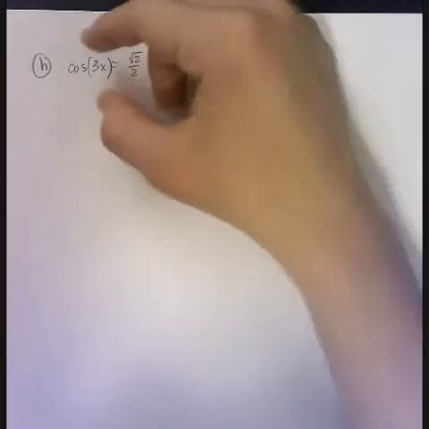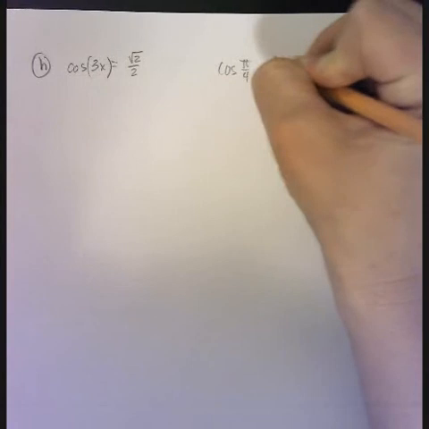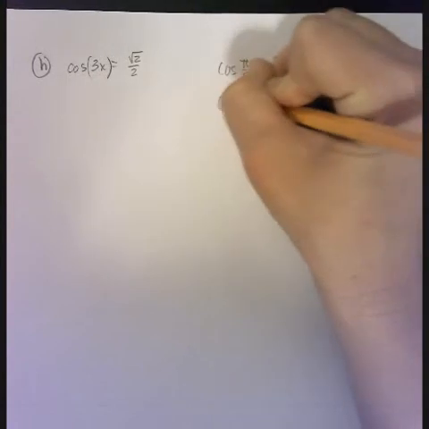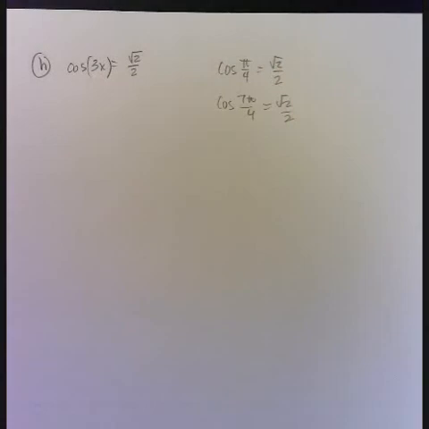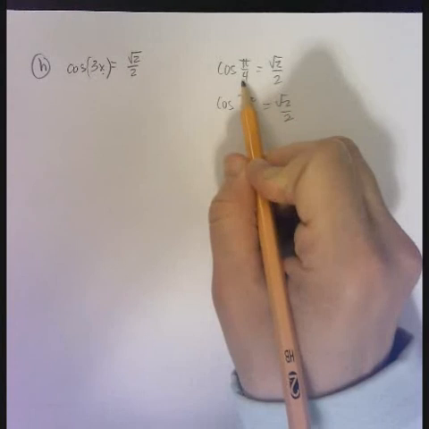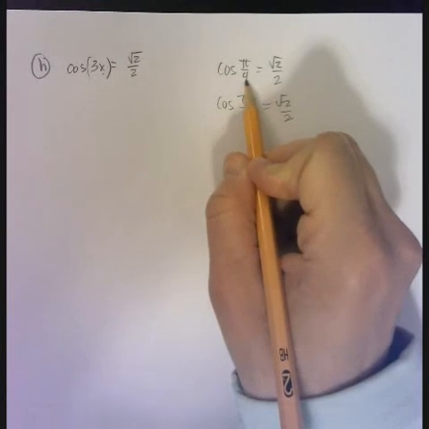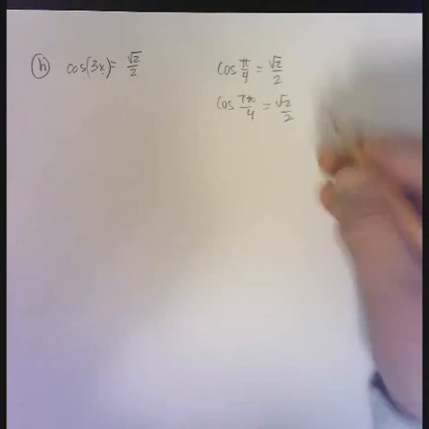Cosine of pi over 4 is square root of 2 over 2. Cosine of 7 pi over 4 is square root of 2 over 2. Cosine's positive in quadrants 1 and 4. So you need to figure out what value of x here would give us pi over 4, and the answer is pi over 12. 3 times pi over 12 is equal to pi over 4.